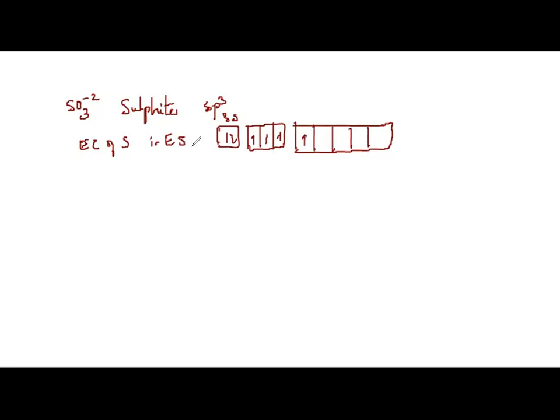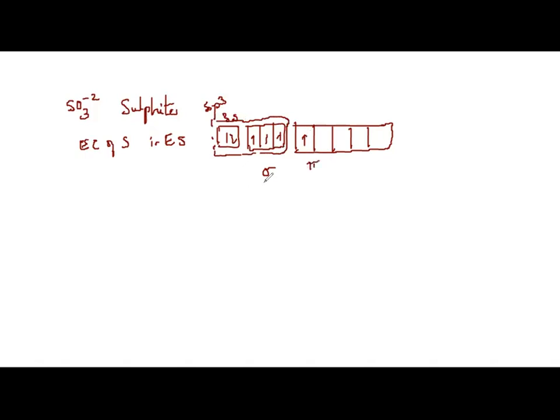So the 3p electrons form sigma bonds with 3 oxygen atoms, with 1 position, like a tetrahedron, being occupied by the lone pair. The d electron, can you see this d electron? This is excluded from the hybridization. So hybridization is sp3. This is unhybridized.